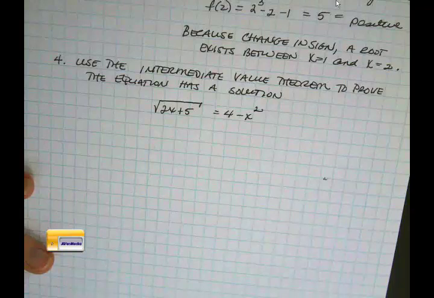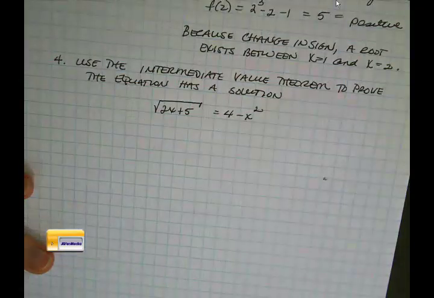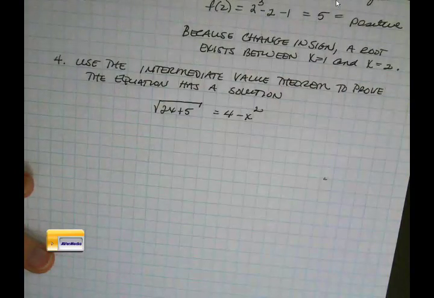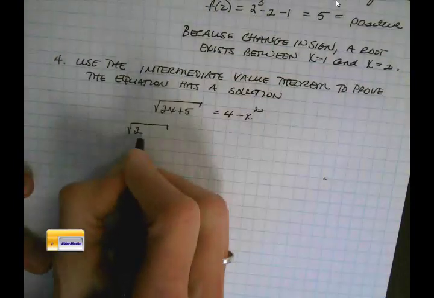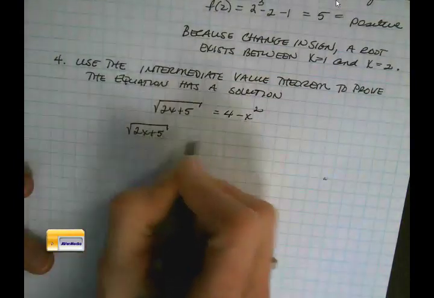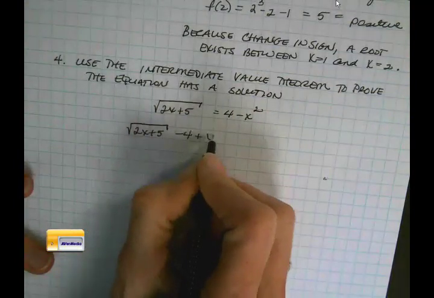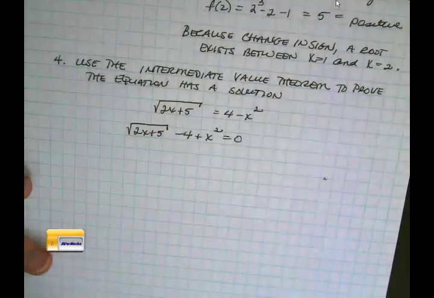Now the first thing you have to do is make this thing equal to 0. Because when it equals 0, you're going to replace the 0 with y. And when y is a 0 value, you're at an x-intercept. So I'm going to rewrite this as the square root of 2x plus 5 minus 4 plus x squared equaling 0.